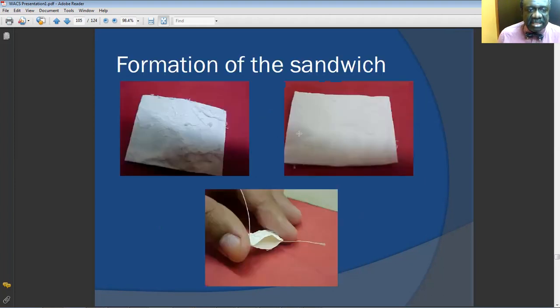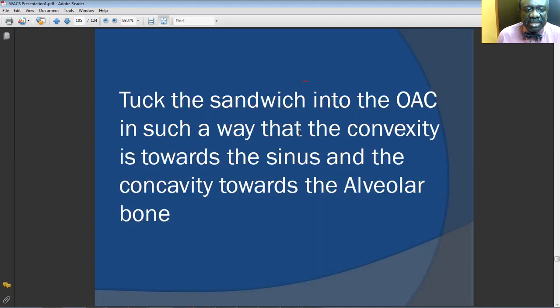And this is the formation of the sandwich, two sheets, pillowcase, and then you're tucking the sandwich into the oral communication in such a way that the convexity of that sandwich that you're tucking in is towards the sinus and the concavity is towards the alveolar bone.